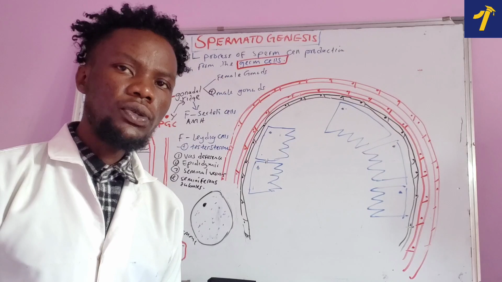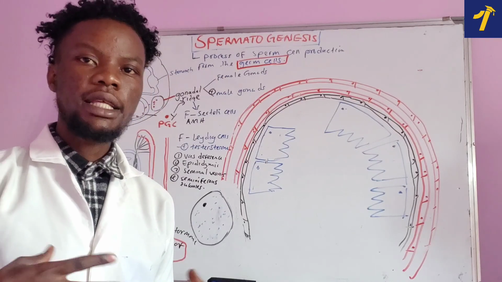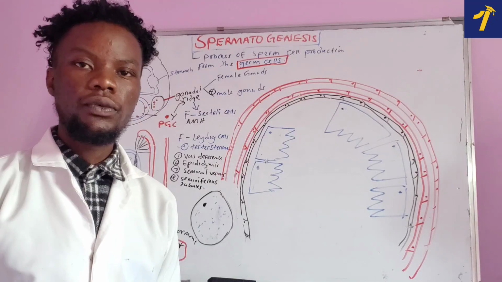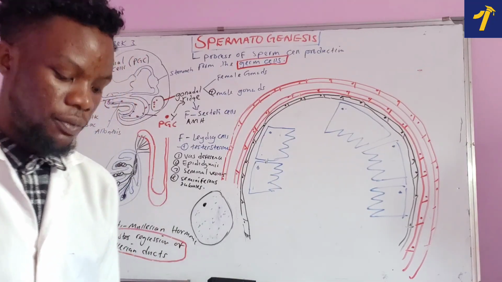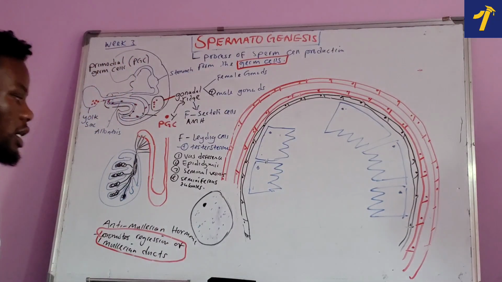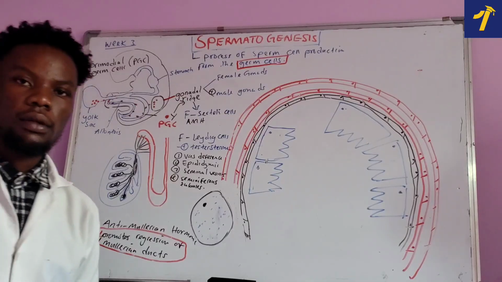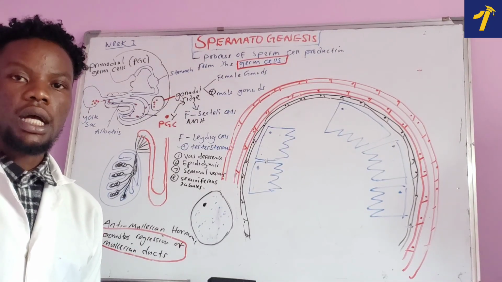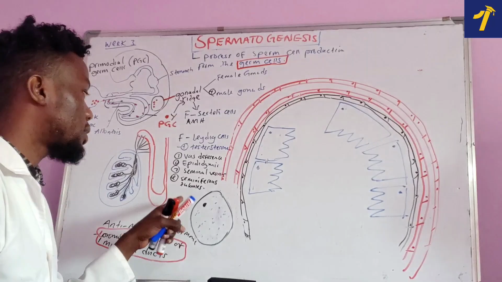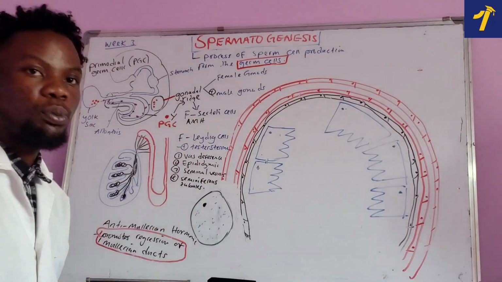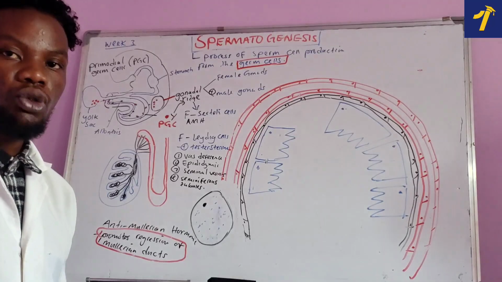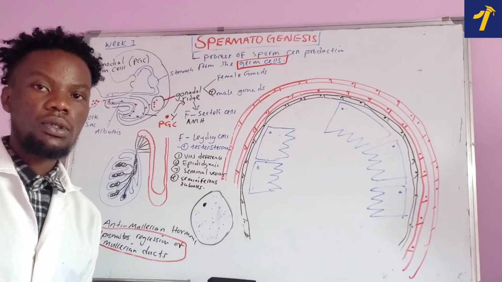Now, you can also ask, what about the external structures of the male reproductive system? Where do they come from? So those external structures, like the penis, the urethra, and also the testes, come from testosterone as well, but this testosterone has to be converted into something very important, which we call dihydrotestosterone.